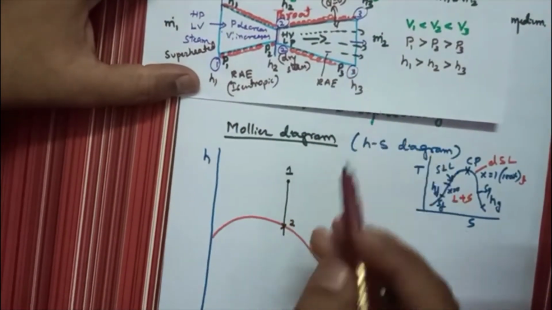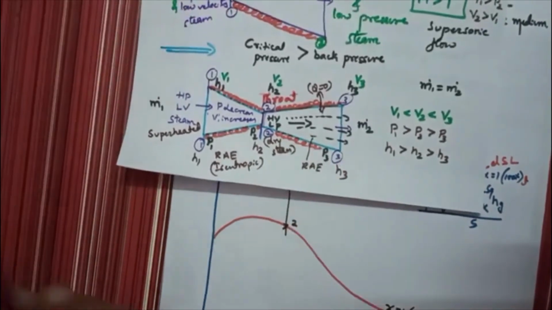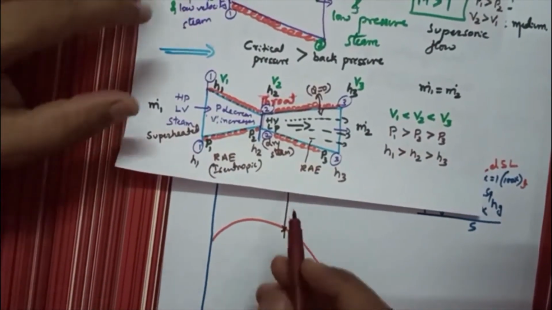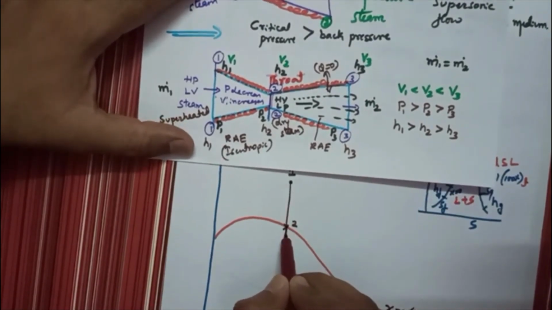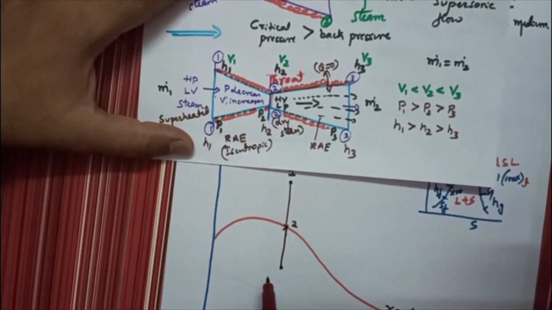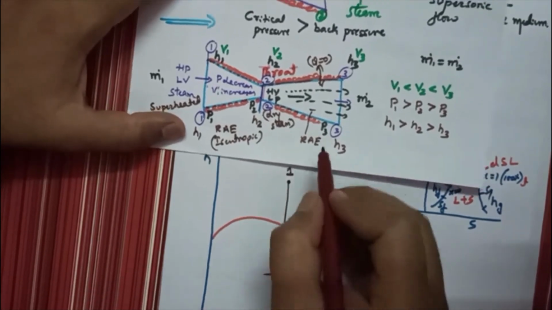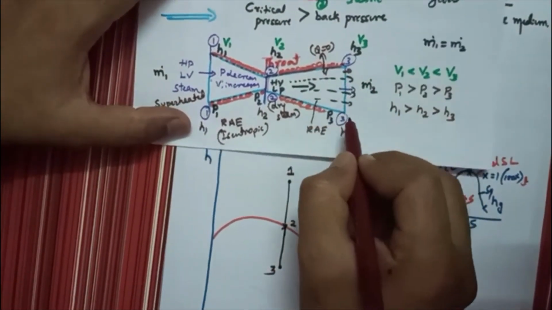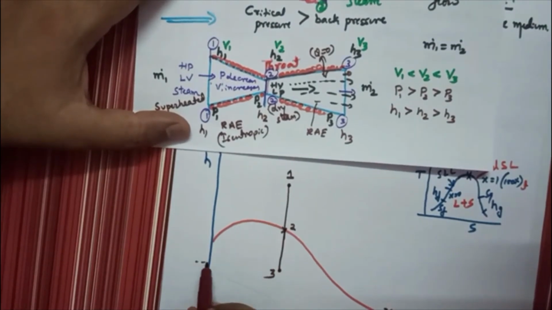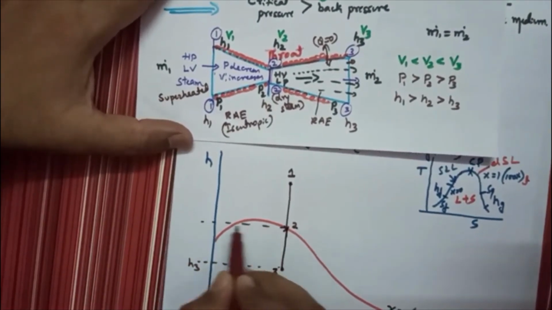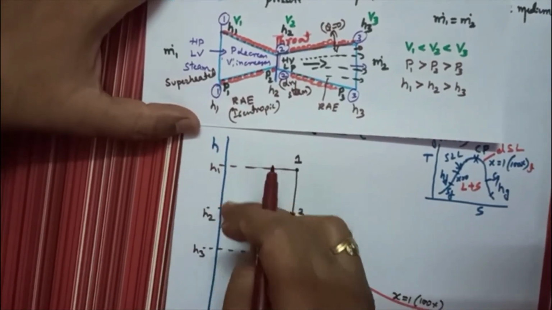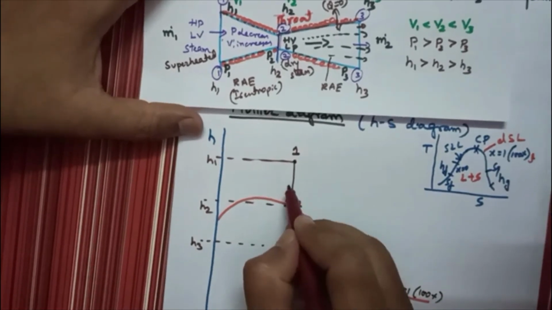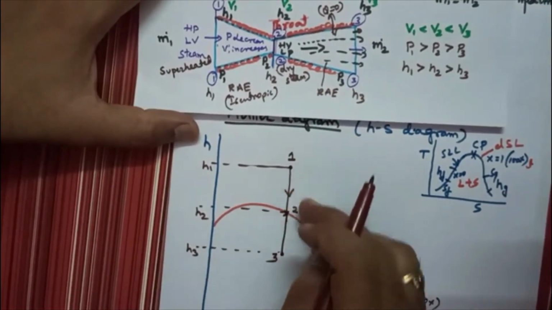And isentropic process, same. So 2 to 3 is also an isentropic process. So 2 to 3, again here, we come to point number 3. So point number 3 is here. The enthalpy at point number 3 is less compared to 1 and 2. This is H3, this is H2, and this is H1. So enthalpy is decreasing gradually as the process goes from 1 to 3.